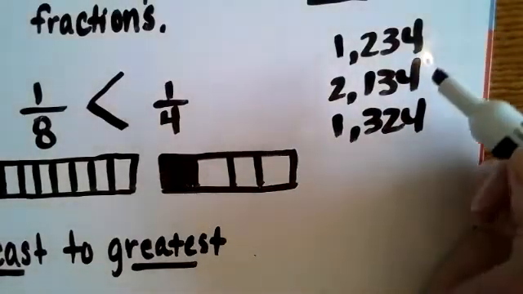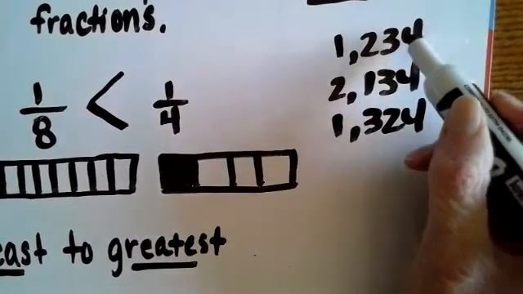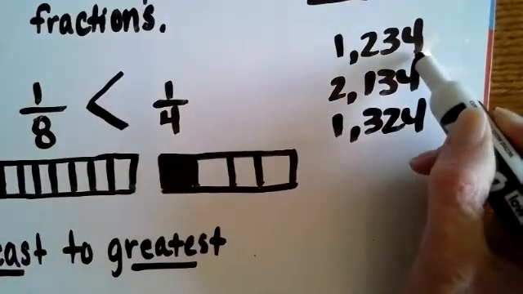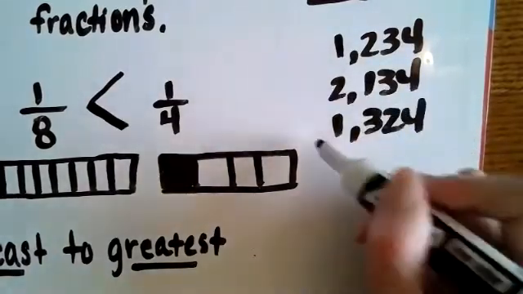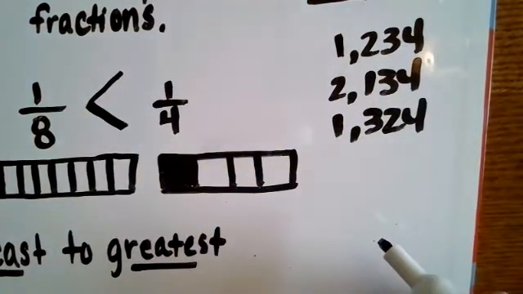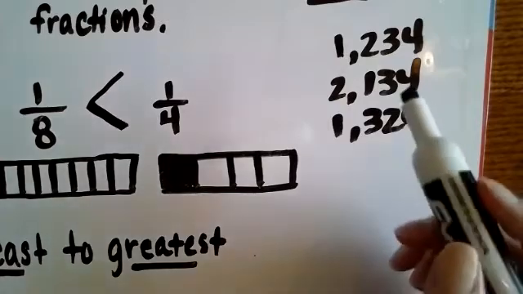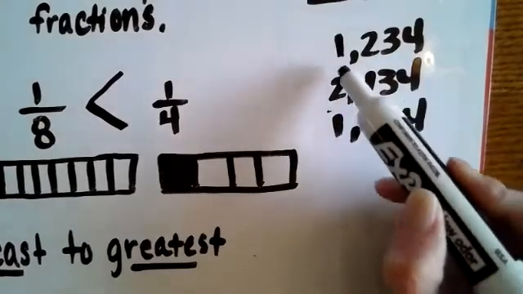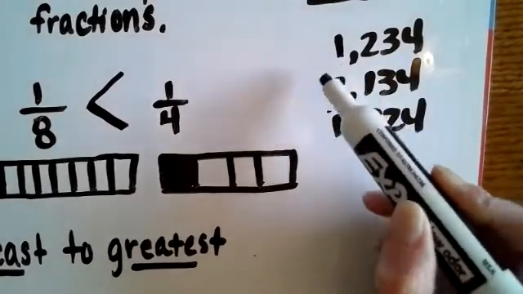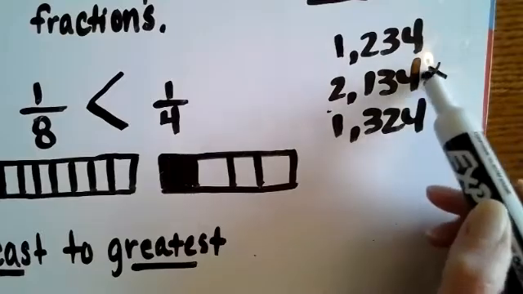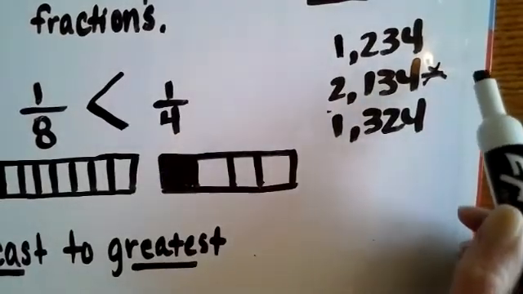Well, I know I'm going to start by looking, do they all go out to the same greatest place value? This goes out to the thousands. Yep, they're all out to the thousands place. I remember, if I have 2 sets of 1,000, that is going to be my greatest number.